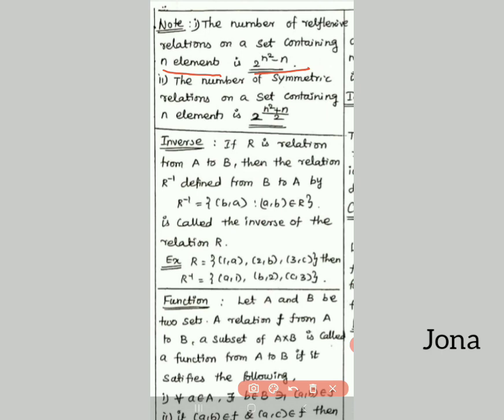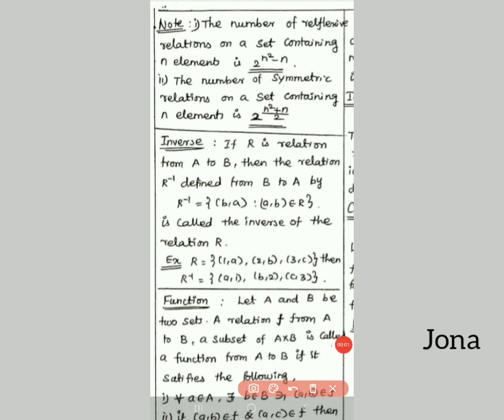The number of symmetric relations on a set containing n elements is 2 power n square plus n by 2. If it is reflexive, we have 2 power n square minus n. If it is symmetric, we have 2 power n square plus n divided by 2.